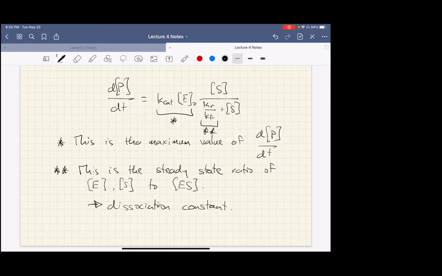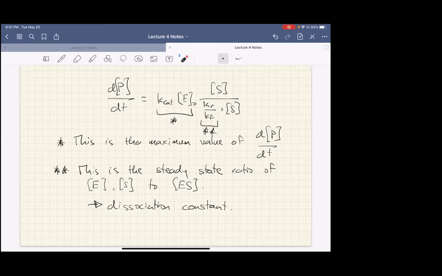So I show you this for two reasons. One is because it's important in its own right, and to illustrate how to solve these kinds of equations. This equation is still nonlinear in S. If S is mostly constant, then that's cool, then this actually does become quite linear.